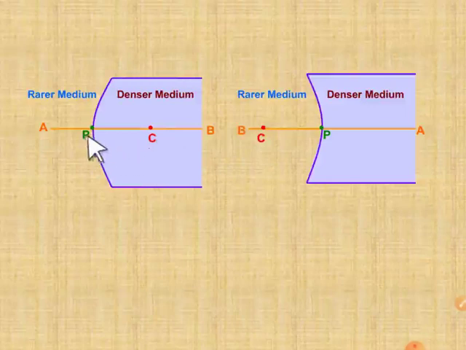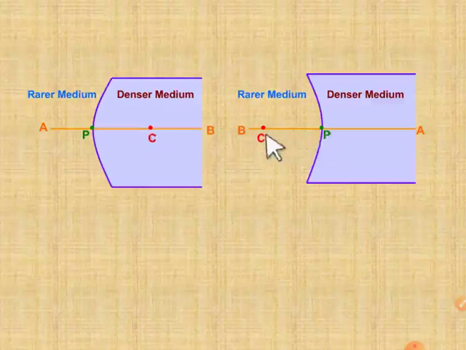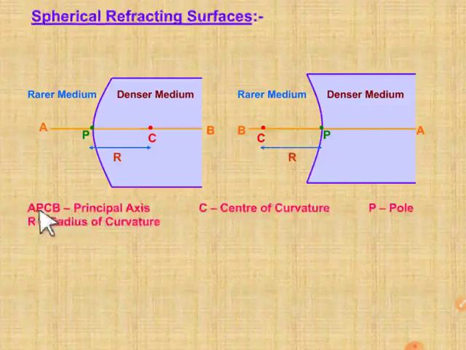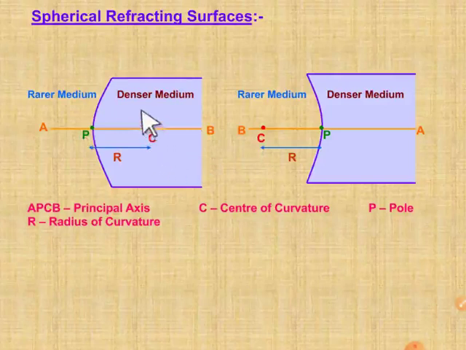From P to C, we call that the radius of curvature. All measurements should be started from the pole of this spherical surface. So this is the radius of curvature. Then in APCB, as I told you, this line is your principal axis, C is your center of curvature or center of that spherical surface, P is the pole, and R is the radius of curvature.